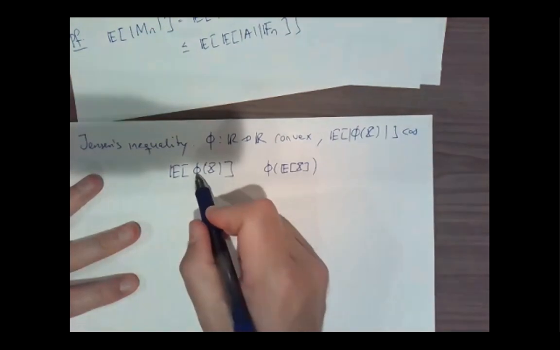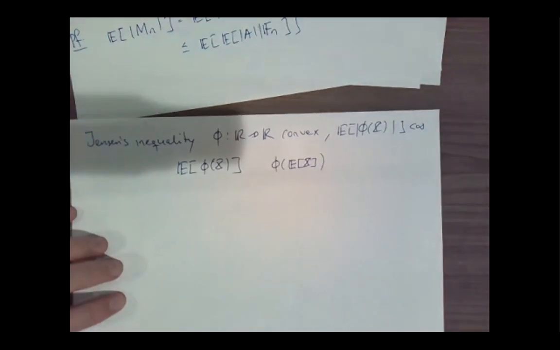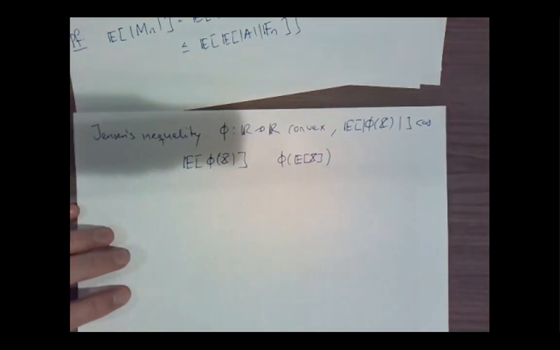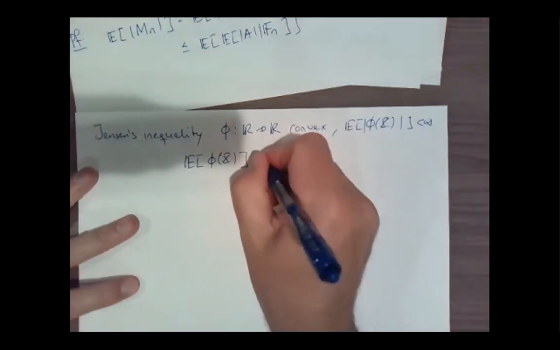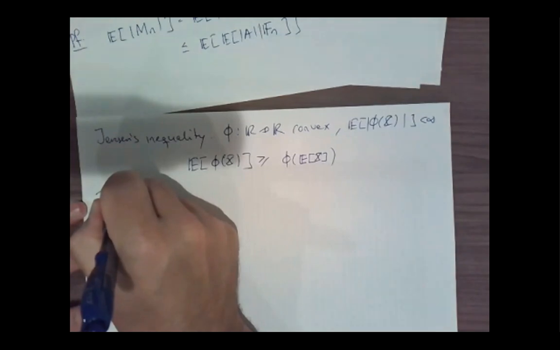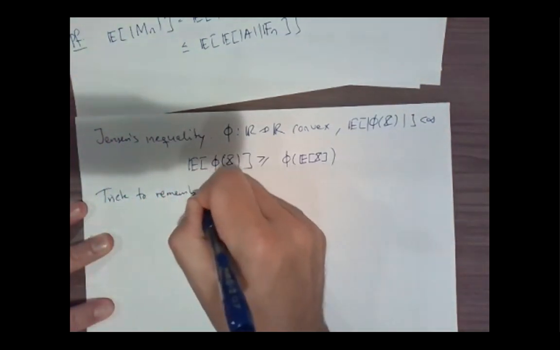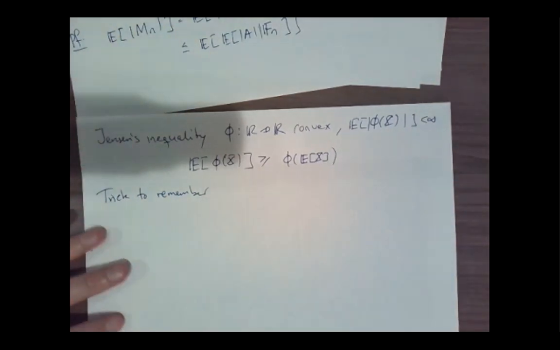So if I have phi inside, which one is biggest, when phi is inside or when phi is outside? When it's inside? Yes. Okay, so here's a trick to remember. I can see not all of you have seen Jensen's inequality before.